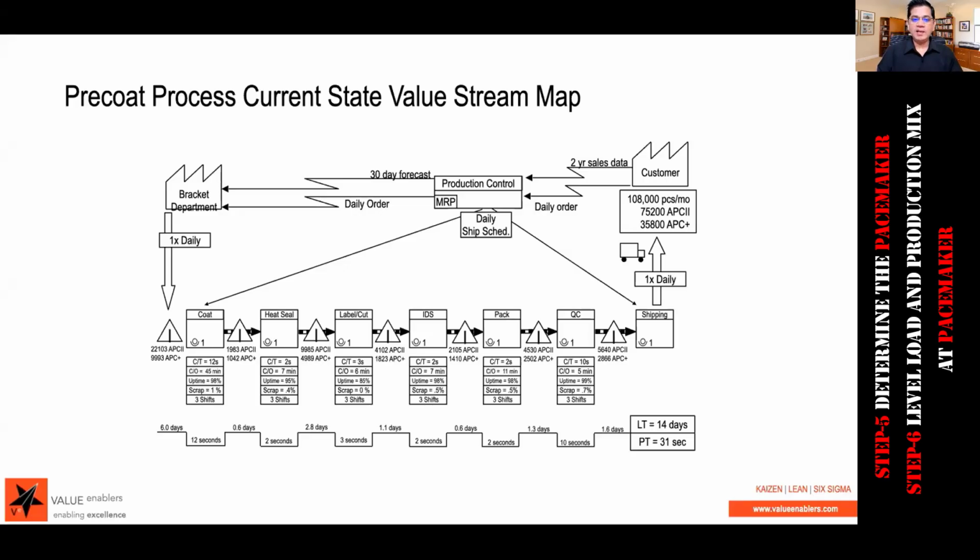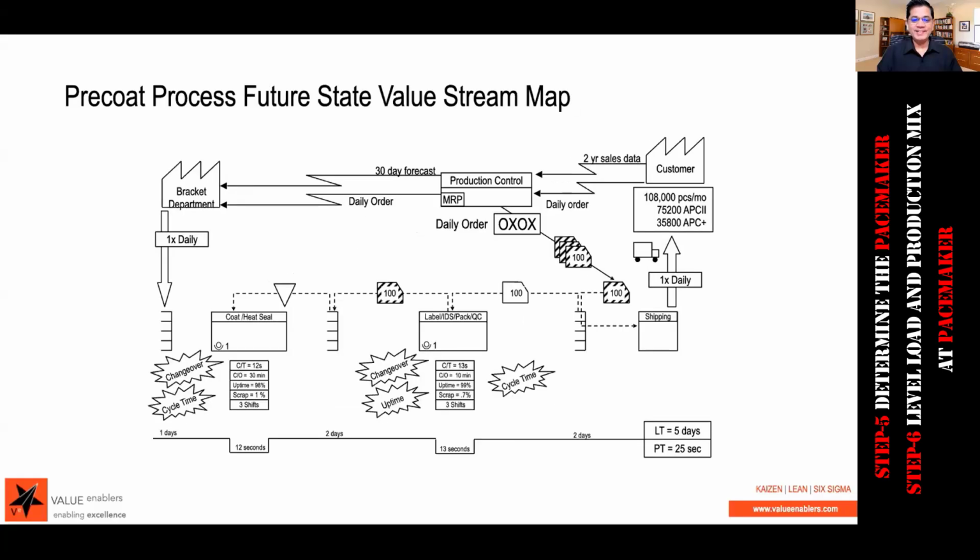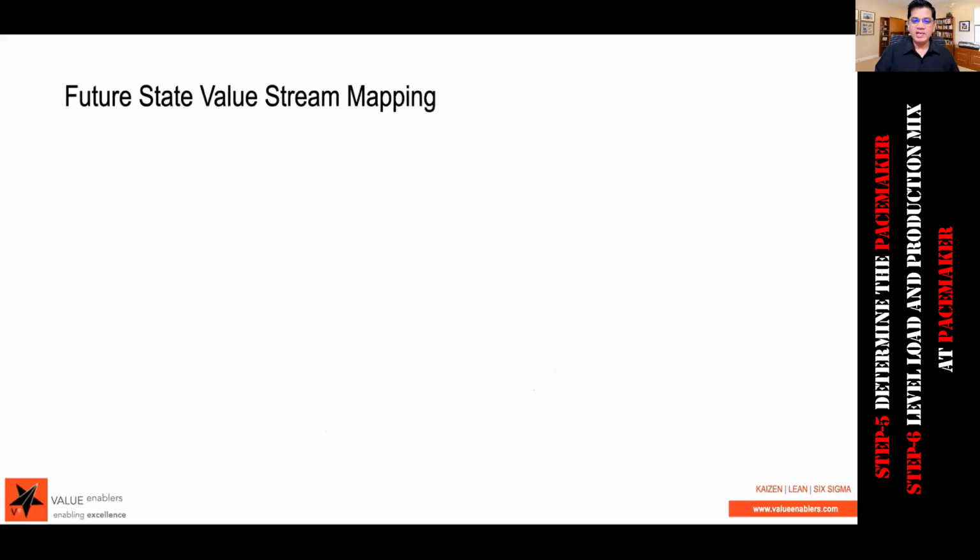So I've given the current state map as well as the future state map, okay? How many of you will try that? And then identify the change, the opportunities for improvement also, I had mentioned there. If you have done it on your own, and if you verify against this and find it's okay, that means you have a decent understanding.